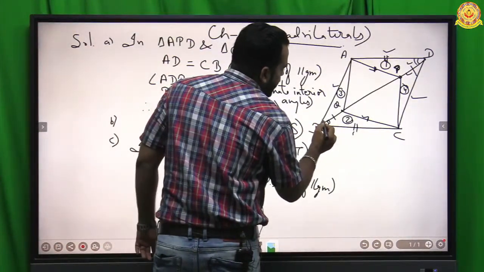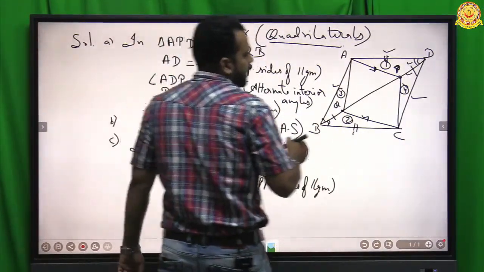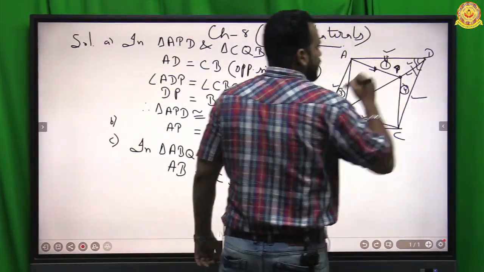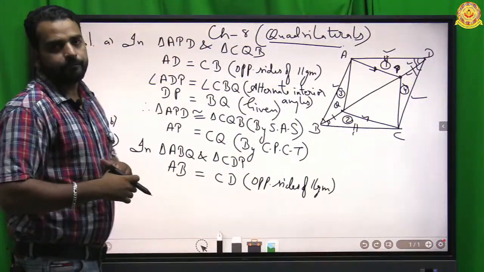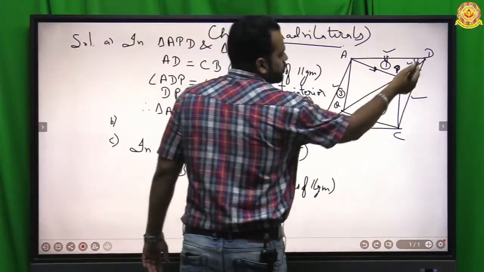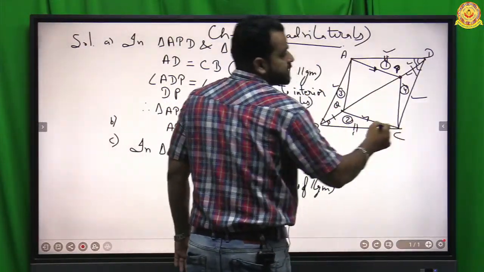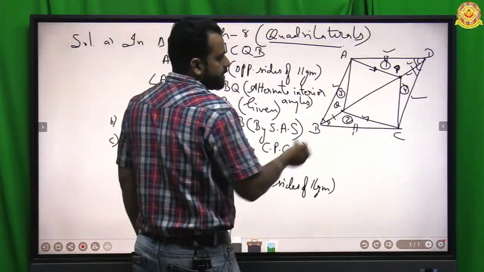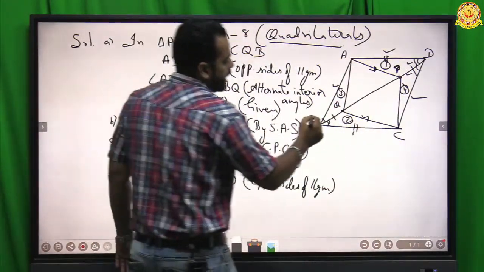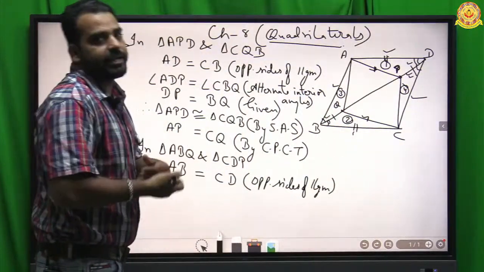Okay, now the same thing is here. We can say that in this triangle ABQ, this angle, and in this triangle CDP, this angle, are these two angles also equal? Yes, by the same way these two angles are situated on either side of the transversal line. That means they are making a Z. These are alternate angles. So similarly in ABDC, they are also making a Z. So this angle is also equal to this one by alternate interior angles.